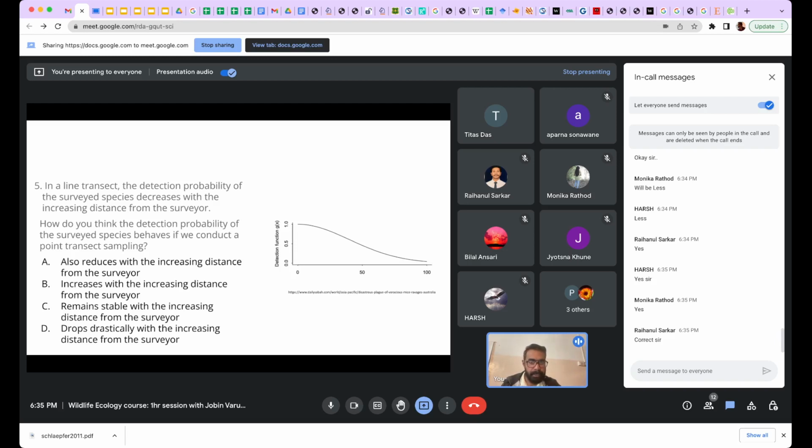So even in line transect or point count transect, the probability of detection of the bird starts reducing as the bird moves away from the observer. It reduces with the distance. Okay, so the answer is A.